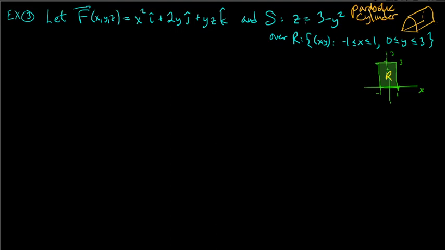So that's the surface, and it's only over this region R, defined by x between -1 and 1, and y between 0 and 3. Oh, I didn't give you the question. The question, of course, is to evaluate the flux integral over the surface S, F dot n dS.